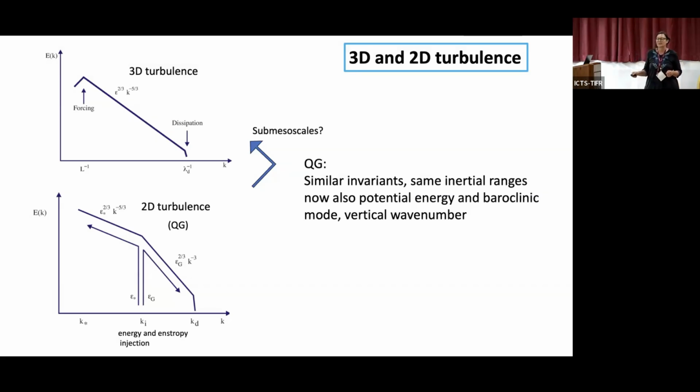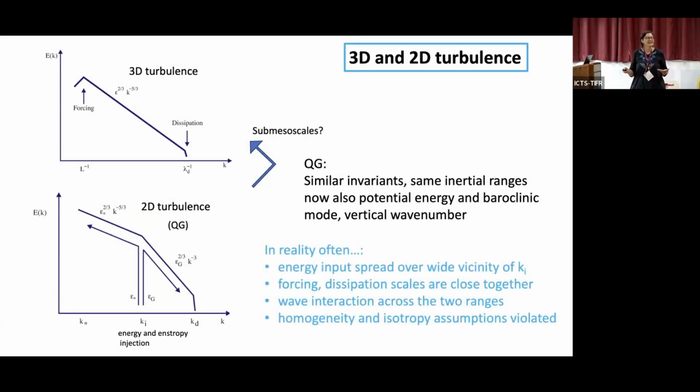Then you have the 2D turbulence, of course, where you have your injection scale, energy and enstrophy with your inverse cascade and your forward enstrophy cascade. In QG, you have similar invariants and inertial ranges in theory, but now you get also potential energy and baroclinic modes. And so sometimes these submesoscales are then postulated to bridge the gap between the QG and 3D turbulence.